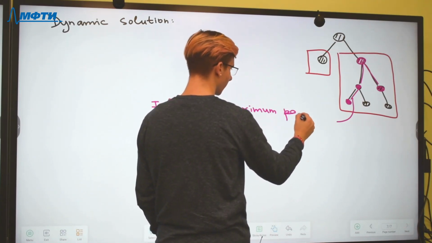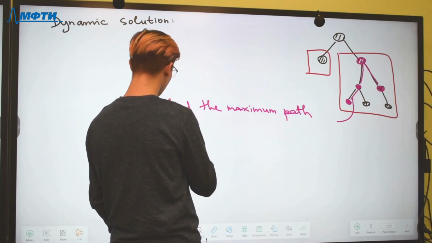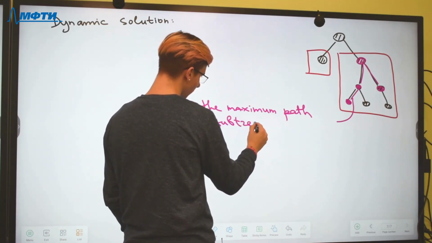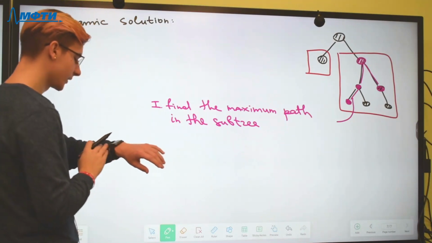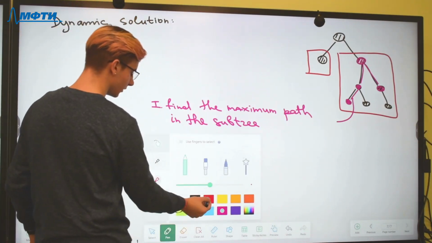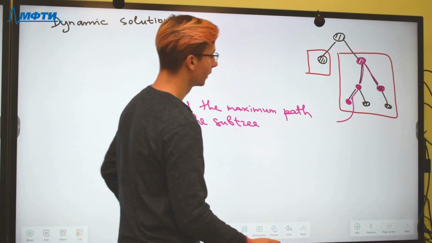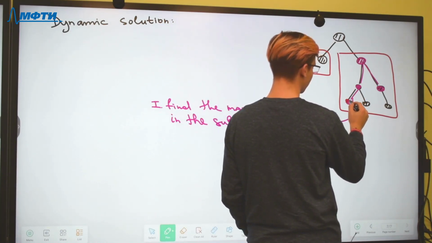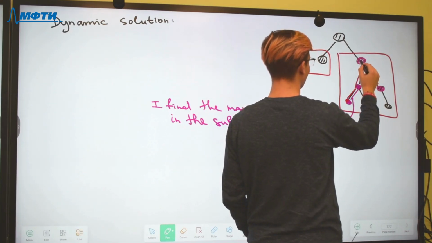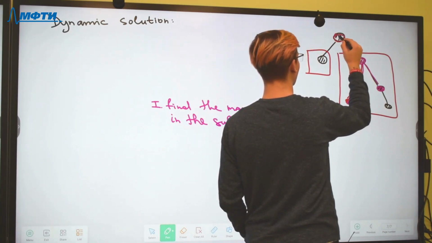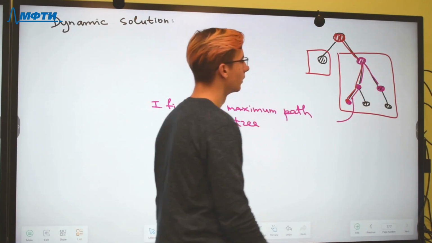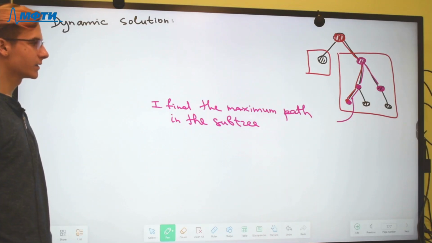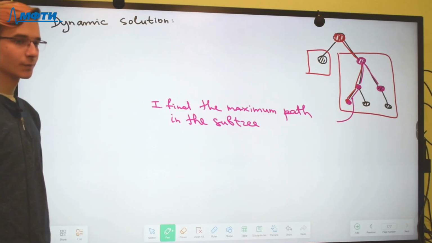Maximum path in the subtree. Then we can find the maximum path as the path that ends in the root.